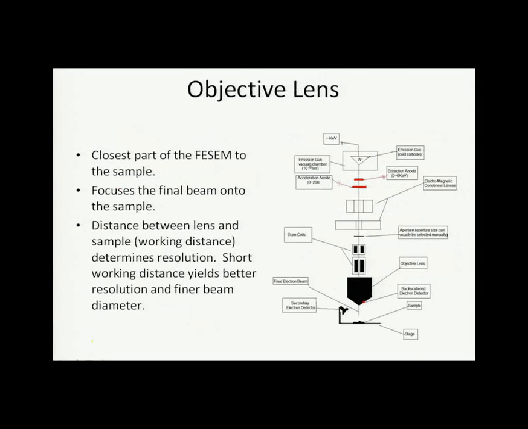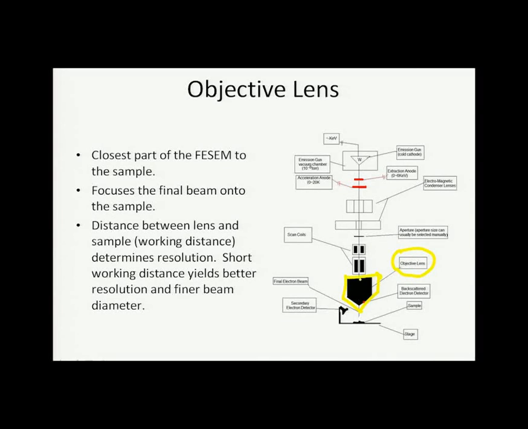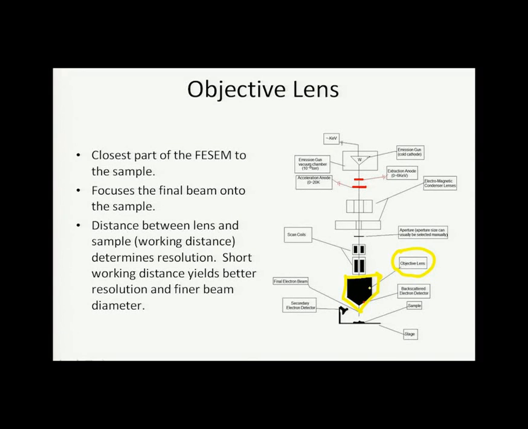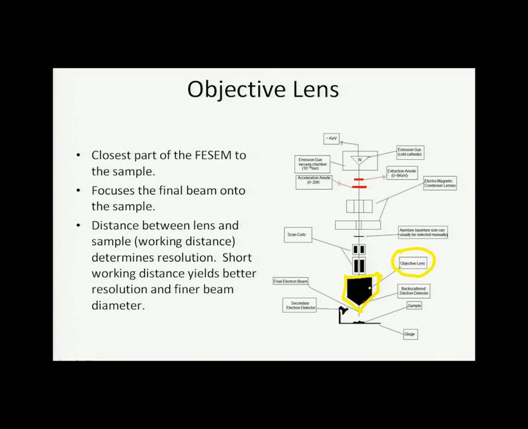The objective lens is the closest part of the FESEM to the sample. It's down here at the bottom, represented by this little pentagon shape. This focuses the final beam onto the sample, and the distance between the lens and the sample, called our working distance, will ultimately determine the resolution.